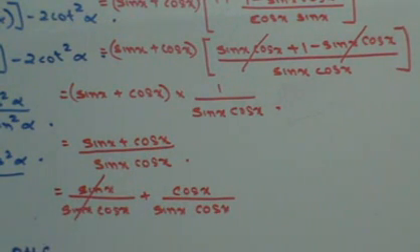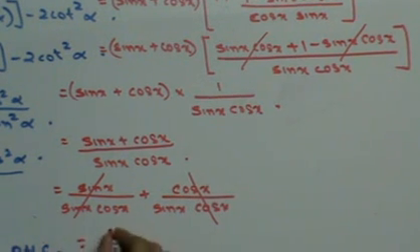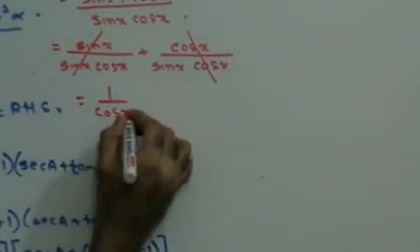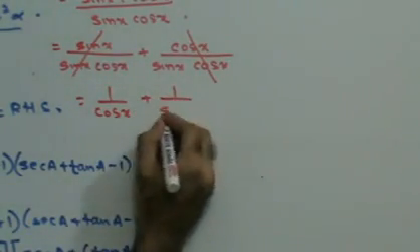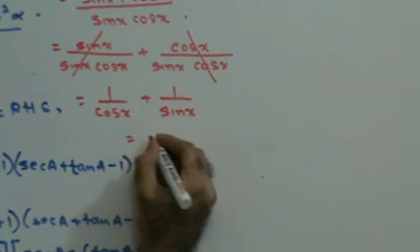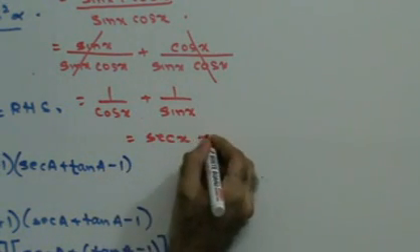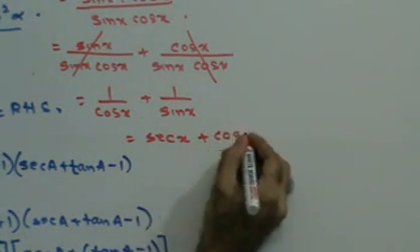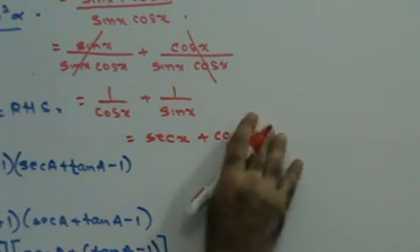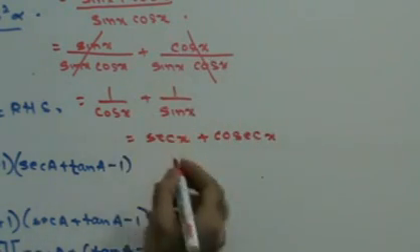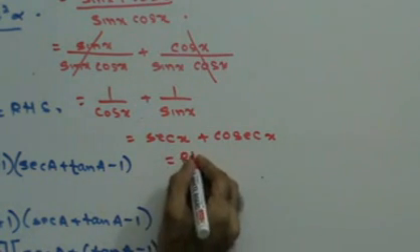Sin x and sin x gets cancelled. Cos x and cos x gets cancelled. That leaves me with 1 upon cos x plus 1 upon sin x, but 1 upon cos is nothing but sec x, 1 upon sin is nothing but cosec x, and that's what you have to do. RHS, that's my RHS.